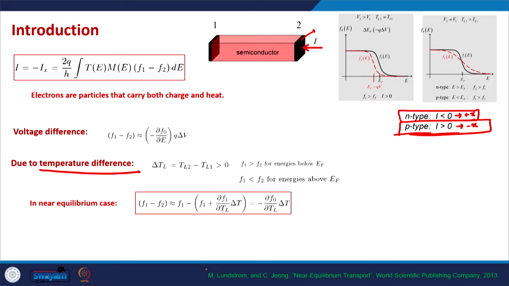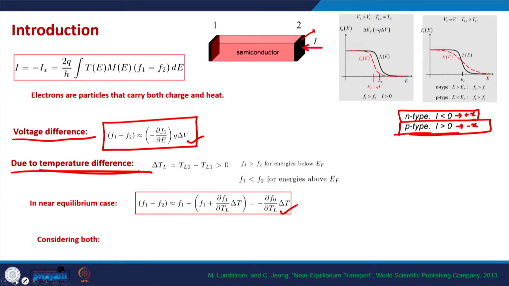So now what if we have both voltage difference and temperature difference? What if we are applying a battery across the semiconductor and there is also a temperature difference between contact 1 and contact 2? In that case, we need to combine the contribution of both of these terms, this one and this one, in F1 minus F2.